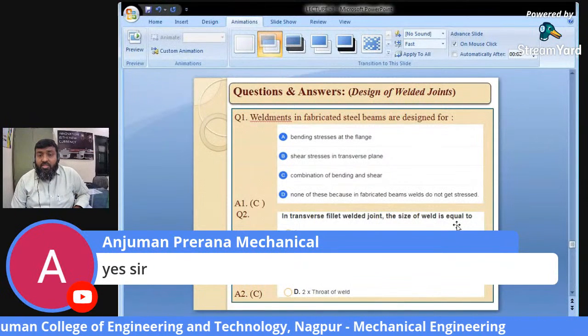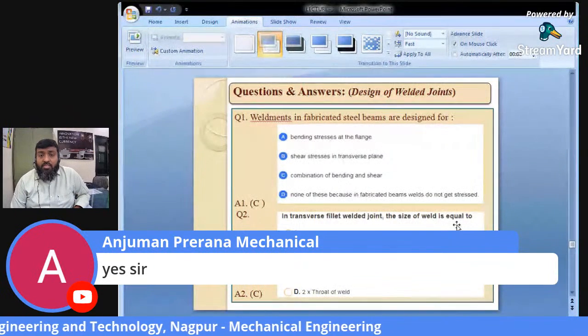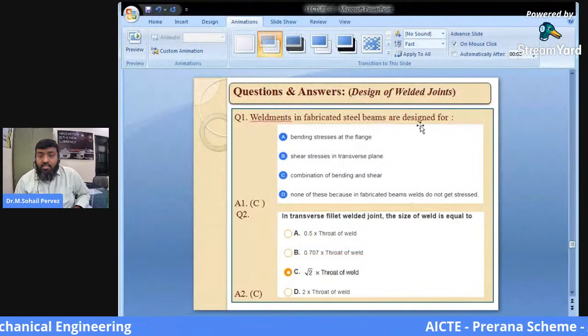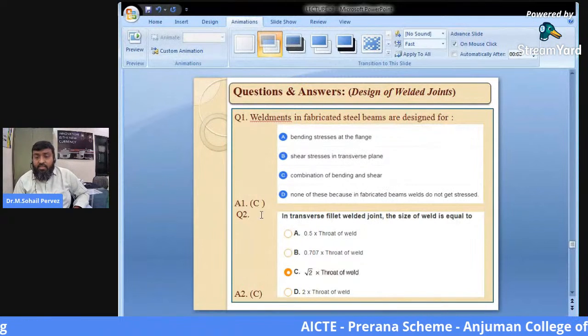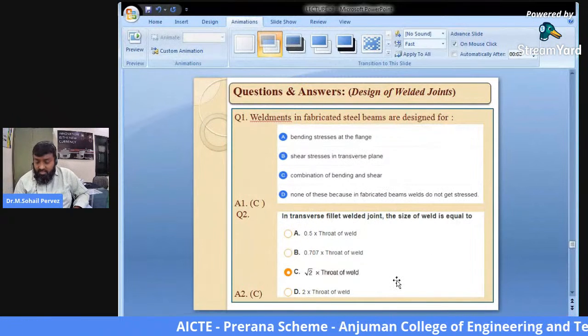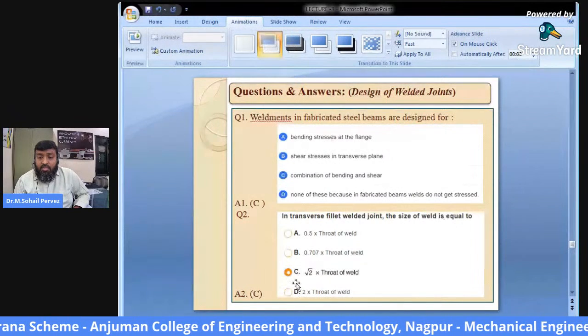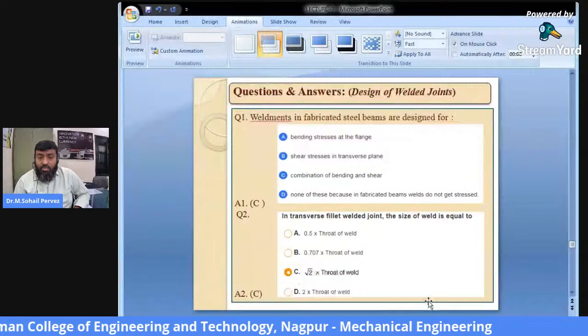So again, I'm repeating these two questions. A very simple question, that is, weldment in fabricated steel beams are designed for. So the answer is C. In transverse fillet weld, as we have discussed, the answer would be √2 into throat of weld, that is thickness of throat.